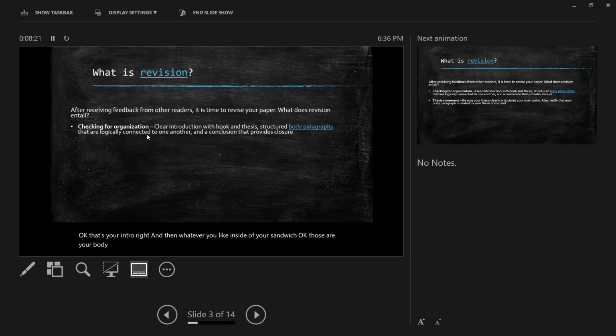When you think about a sandwich, that's usually where the good stuff is, whatever you like in your sandwiches. And then that bottom piece of bread, that's your conclusion. So again, make sure your essay has a sense of organization.